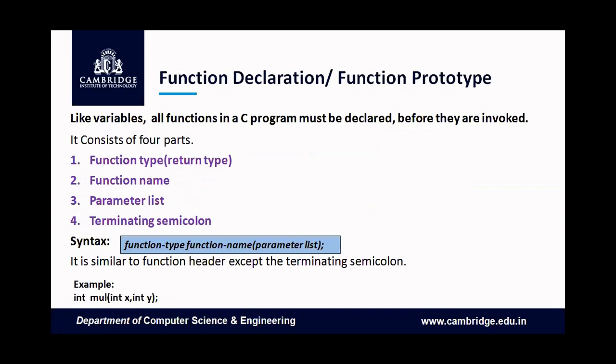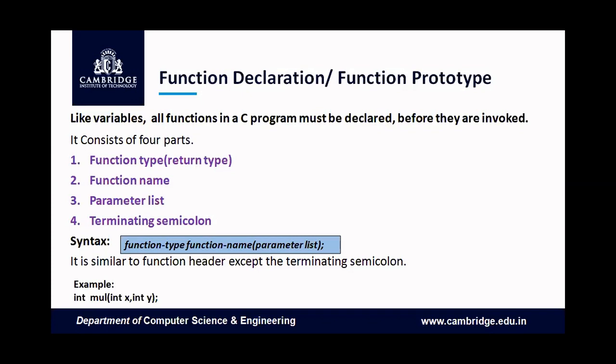Now the third point. The first one is function definition, the second one is function call, and the third one is function declaration, or we can call it a function prototype. We already know that if you want to use any variable in your program, you have to follow one rule in C: before using them, you have to declare them.